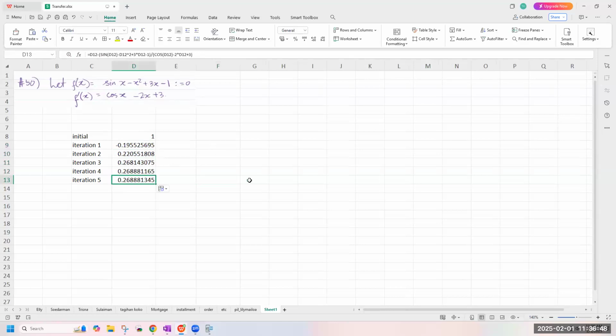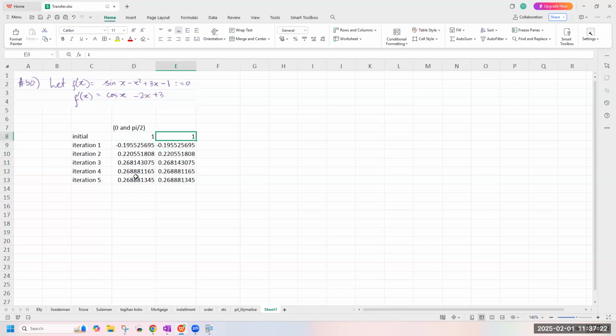Okay, so this is the number I have, and this one is between 0 and pi over 2. Now if I use a number between pi over 2 and pi, let me copy paste this, of course making sure that I keep the formula.